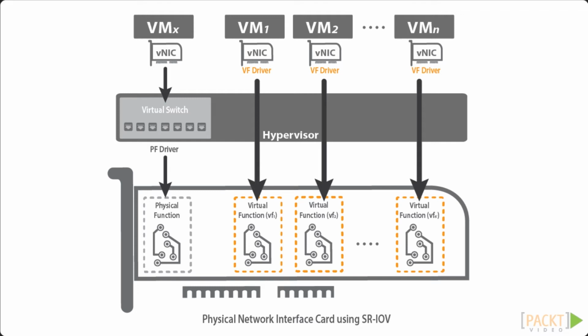The virtual function allows direct assignment of a VM to the physical I/O device, providing a native experience and extremely fast I/O. By separating a physical device into PF and VFs, it allows a single physical device to appear as multiple separate physical devices when presented to virtual machines.